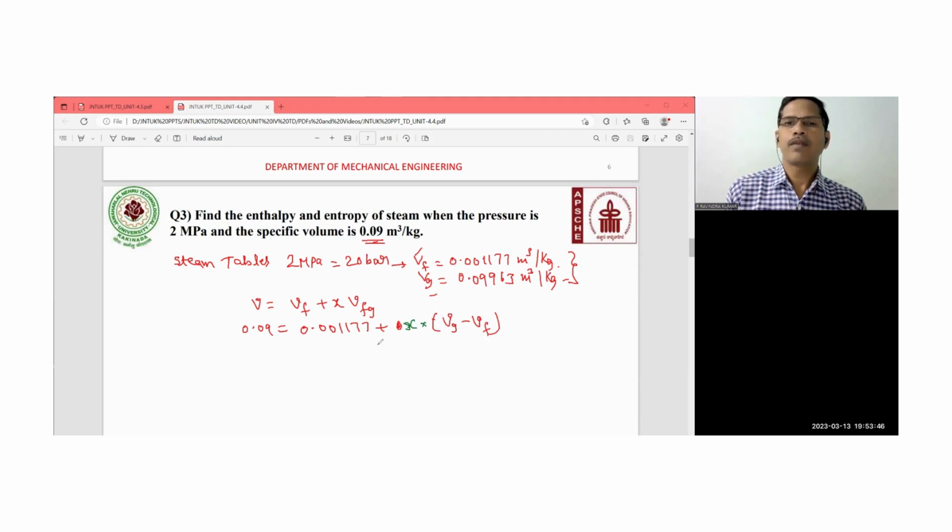Vg and Vf values are given over here. Corresponding to this, you can get the quality of steam, x, equal to 0.904.